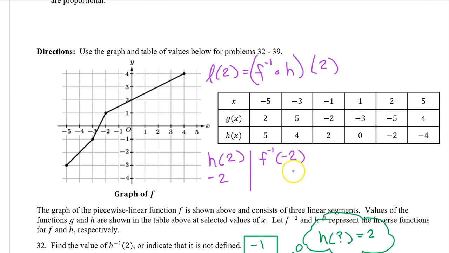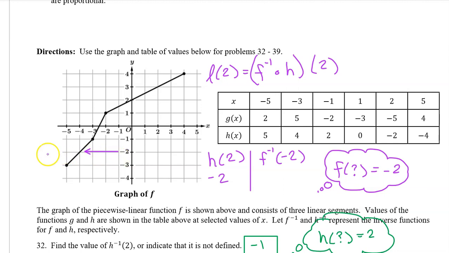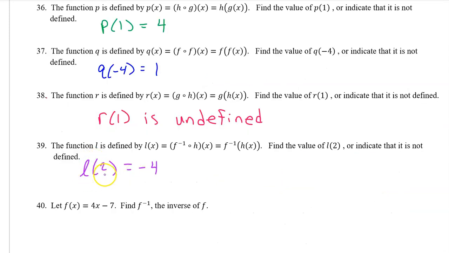We do not have f inverse. So we must come at it indirectly by asking ourselves f at what is equal to negative 2. The output value of negative 2 is down here. We can see that f at negative 4 is equal to negative 2. So f inverse at negative 2 is negative 4. Therefore, L at 2 equals negative 4.